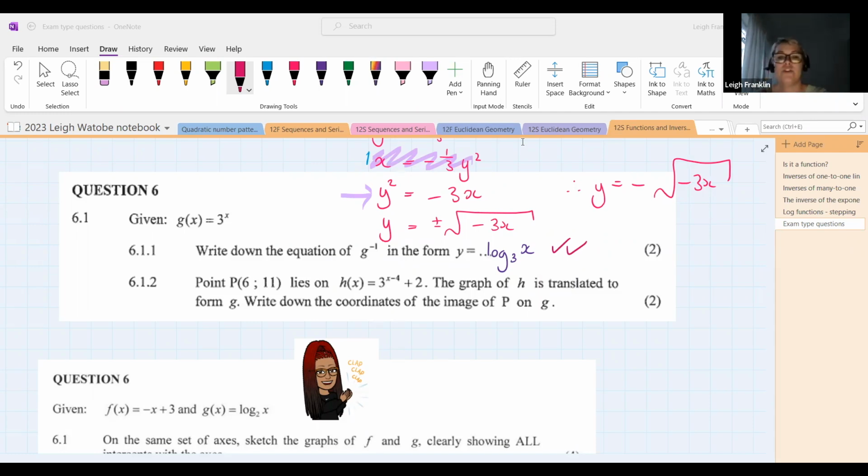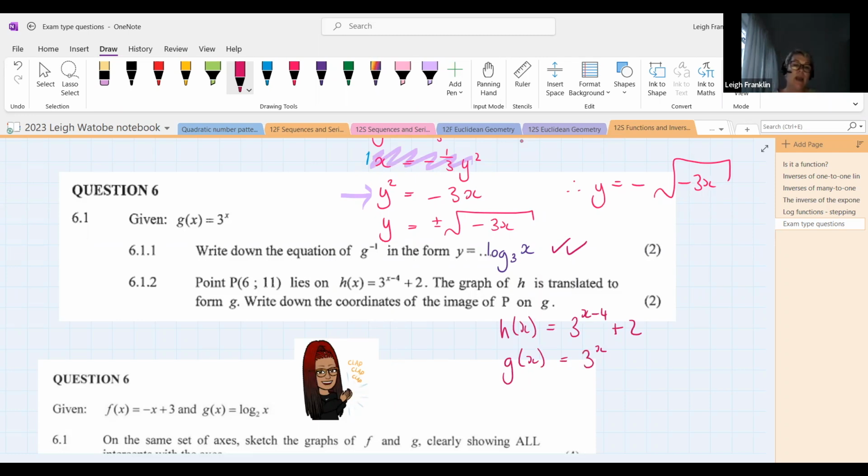So in other words, what we are doing here, Matrix, is we are going from the graph of h of x equals 3 to the x minus 4 plus 2, and we're going to g. So we're going to g of x, which is just 3 to the x.